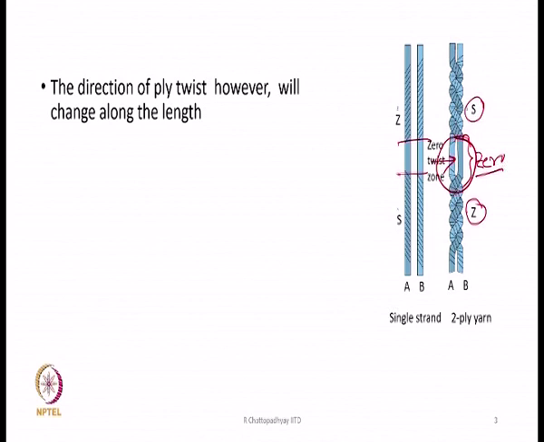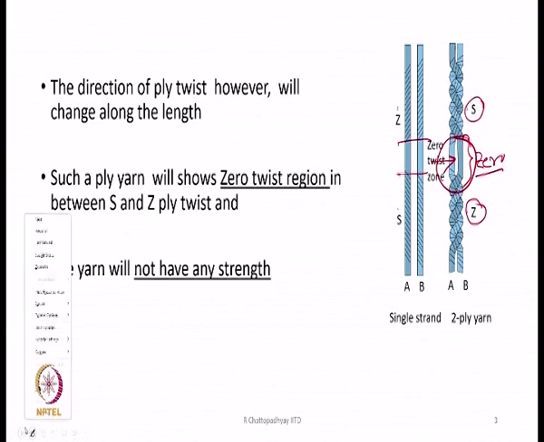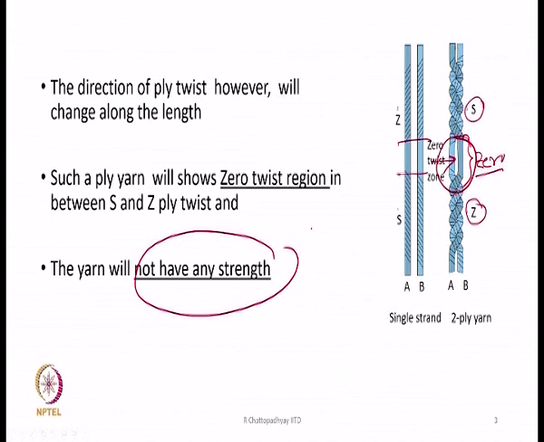So, even though there is a ply twist in Z and S directions along the length of the plied yarn, still there will be places left where both the strand will not have any twist, and therefore, that is the weak place, and the yarn is going to break there whenever we apply tension. It will not have any strength if we ply the two strand in this particular manner.